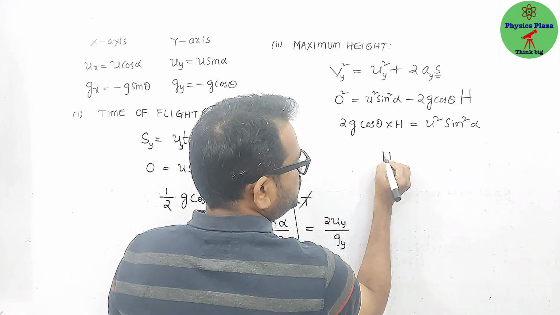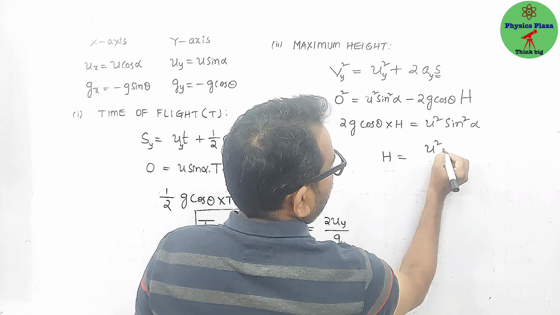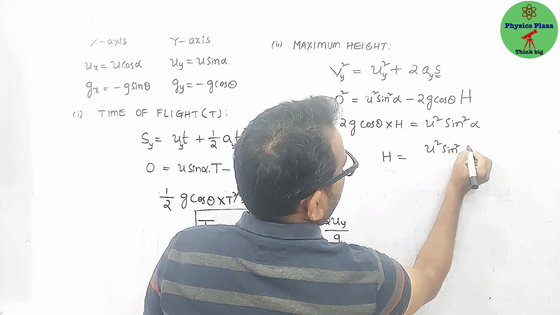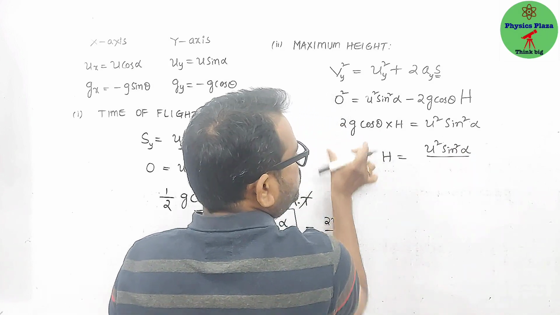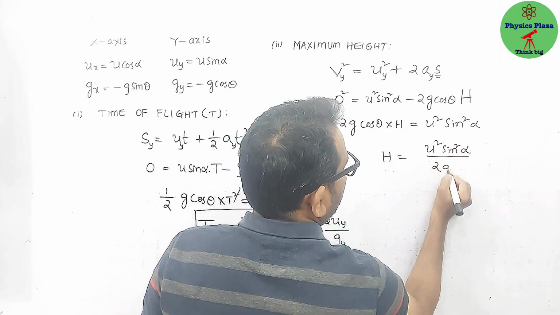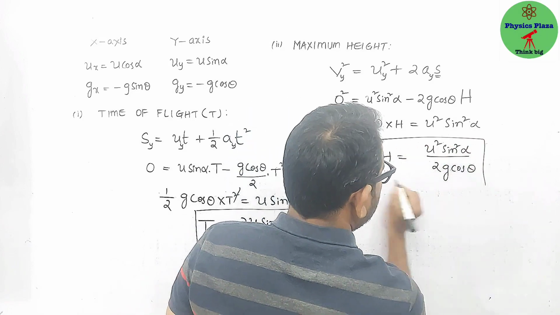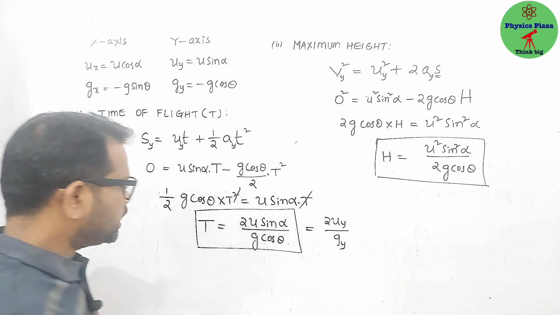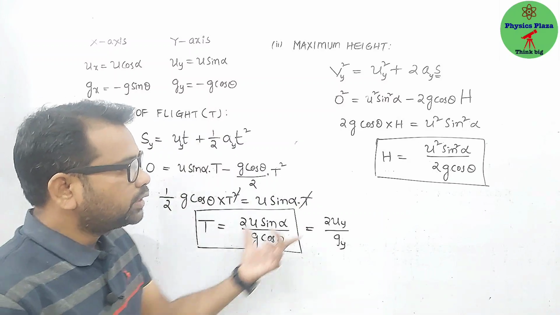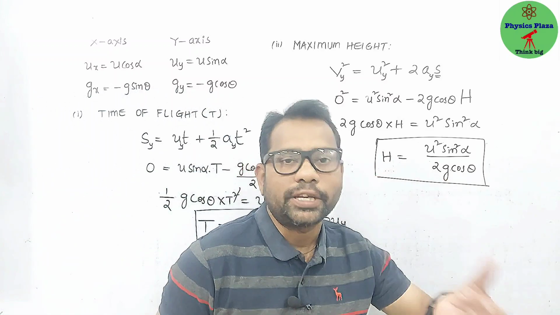So h is equal to u square sine square alpha by 2g cos theta. This is the expression for the maximum height. This is the expression for the time of flight, and this is the expression for the maximum height.